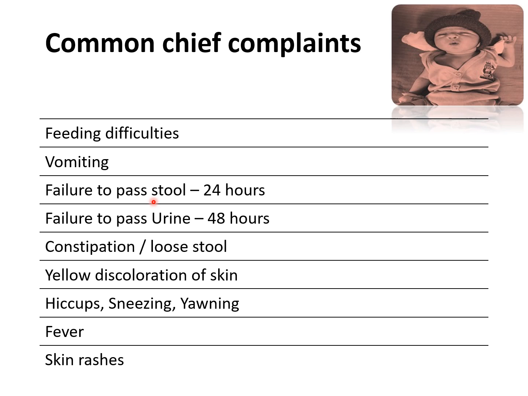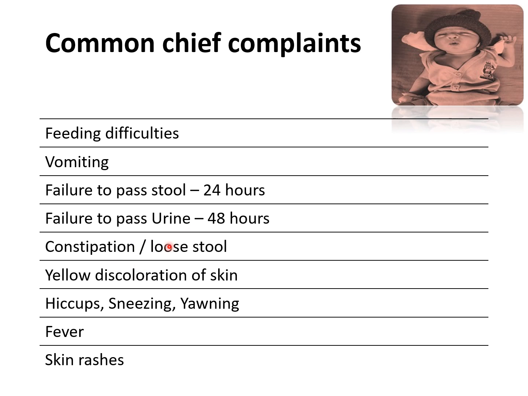If the baby is only 6 hours of life and has still not passed stool, we have to counsel and reassure them. Failure to pass urine in 48 hours is also a very common complaint. Again we have to counsel them that a newborn normally passes urine within 48 hours. So after 48 hours we have to do the intervention. Before 48 hours it is the normal physiological range for passing urine.